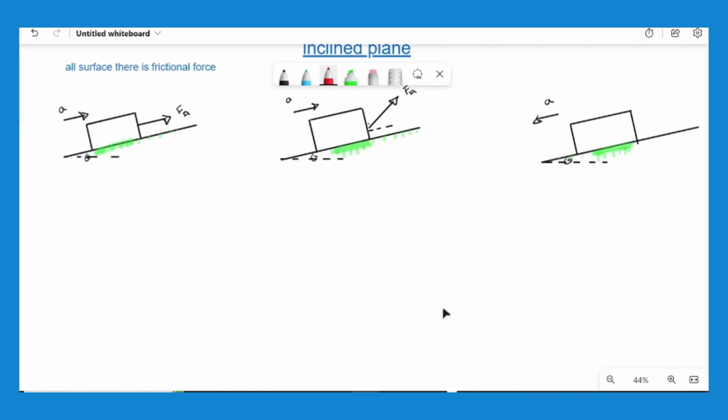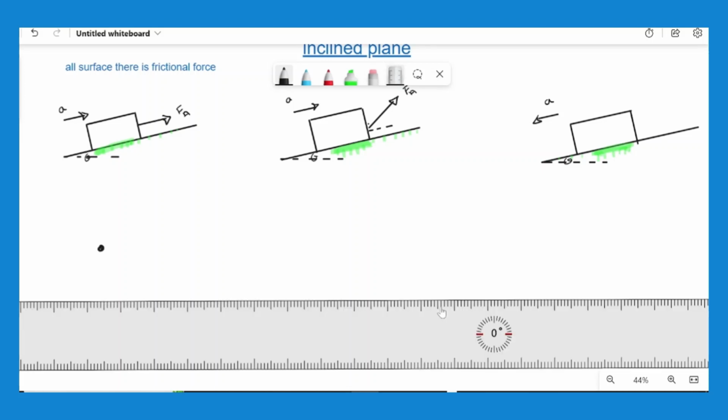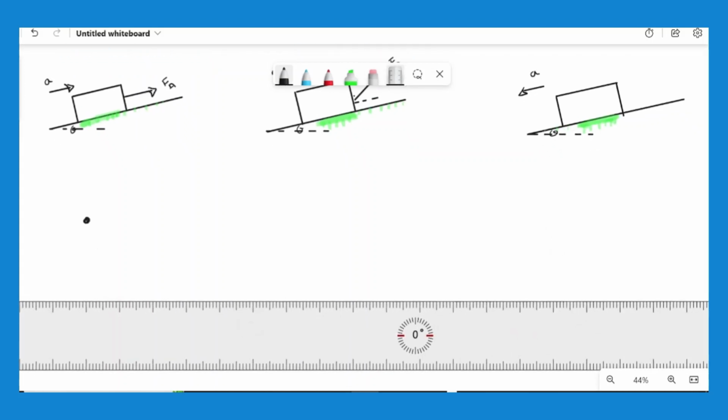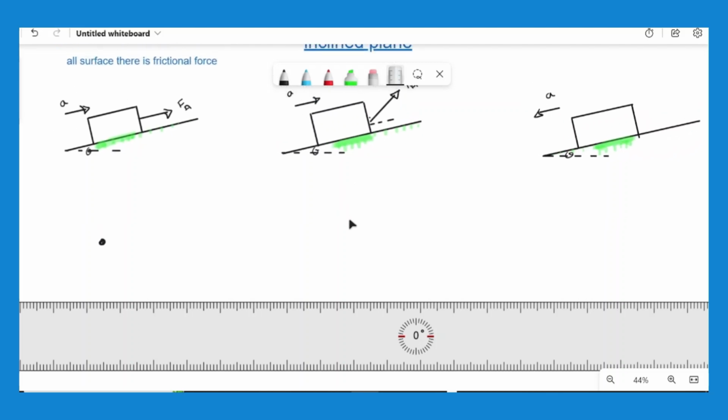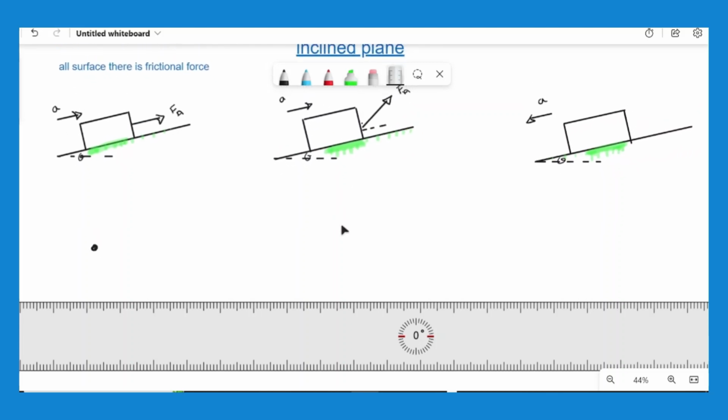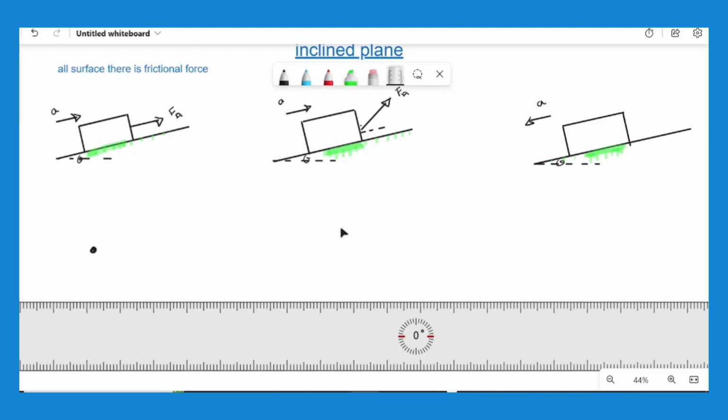Now this one is the inclined plane. Let's start with the first scenario there. Drawing the free body diagram, we will represent our object as a point. And again, we start with our weight acting straight downwards. Sorry for shifting there. Right, we start with our weight acting straight downwards.